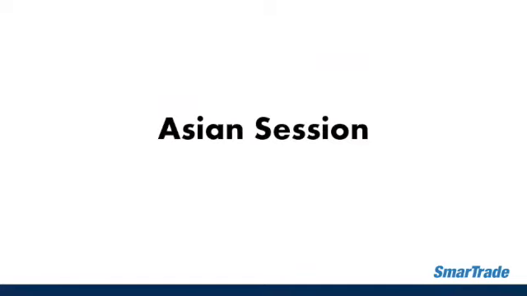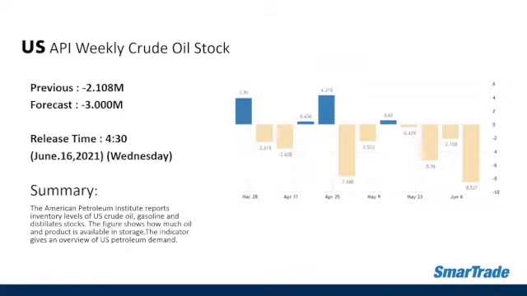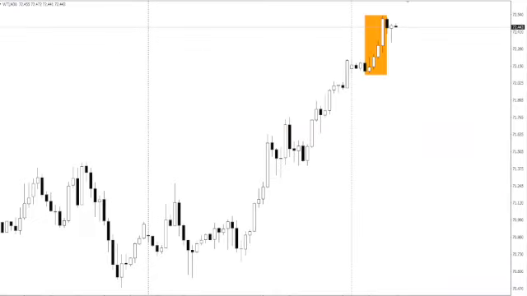And economic data today, during the Asian session, we have the API, the American Petroleum Institute weekly crude oil stock. The previous data was negative 2.108 million per barrel and forecasted at 3 million, released earlier at 4:30 a.m. The weekly crude oil stock was negative 8.537 million per barrel, and the effect was bullish for crude oil.